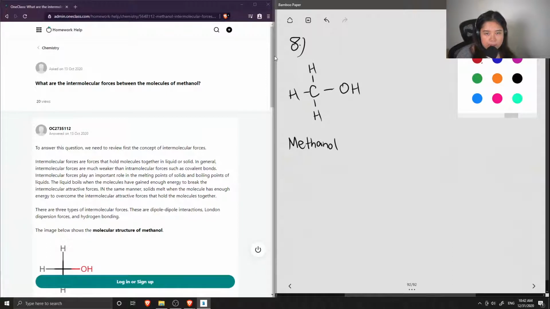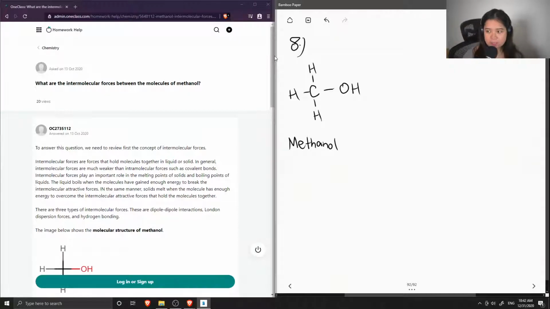Okay, so this is the structure of methanol, and you'll see that it has a carbon bonded with 3 hydrogens and also an oxygen. And if we note the electronegativity values of carbon and oxygen, you'll see that carbon is much less electronegative than the oxygen. So this means that there is an uneven share of electrons in the carbon and oxygen bond.